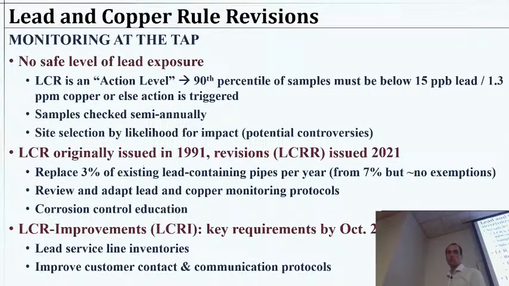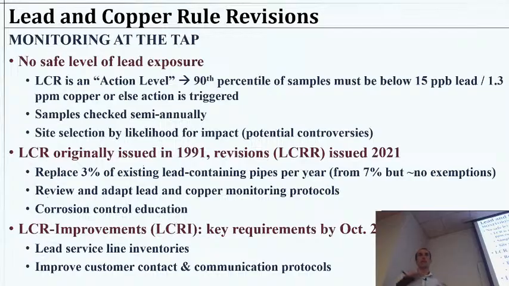Recently, the revision is 2021, and that's going to give us some new rules, some new things to do. So now we are aiming to replace 3% of existing lead-containing pipes per year. It used to be 7%, so it's weird that it's going down, but now there's no exceptions.